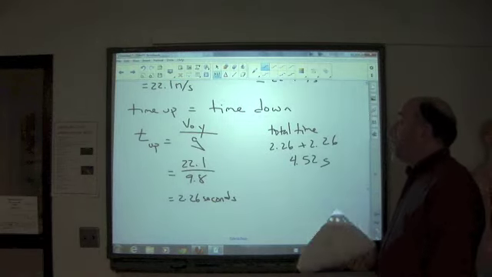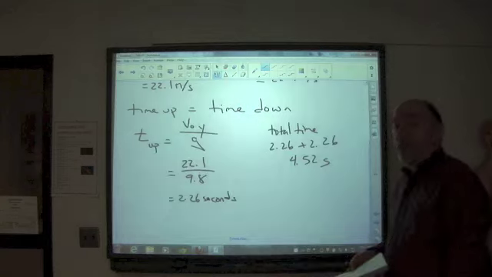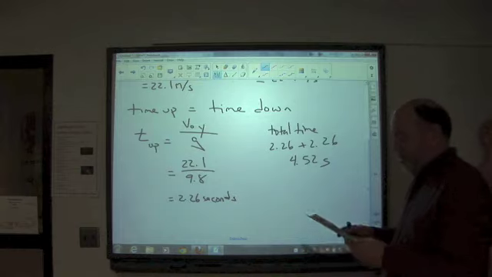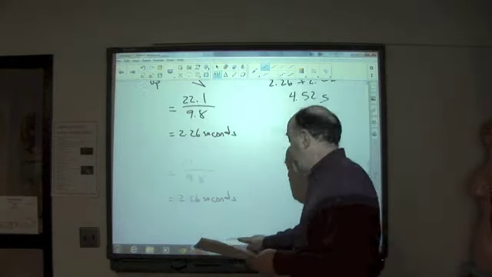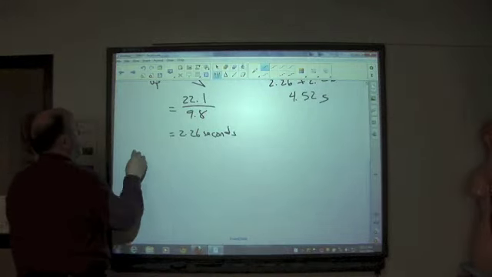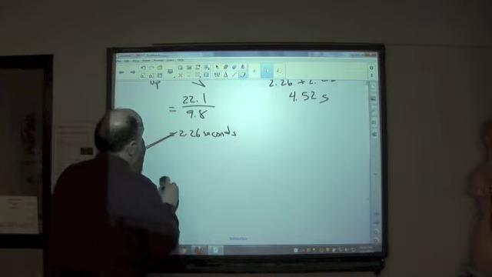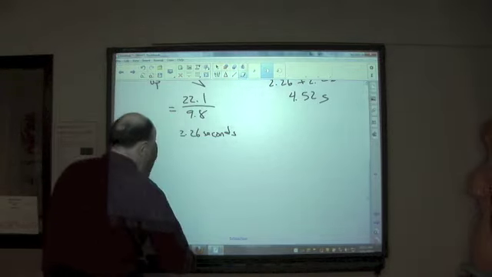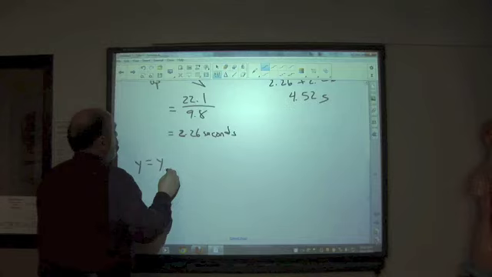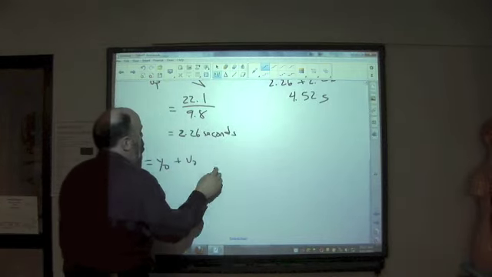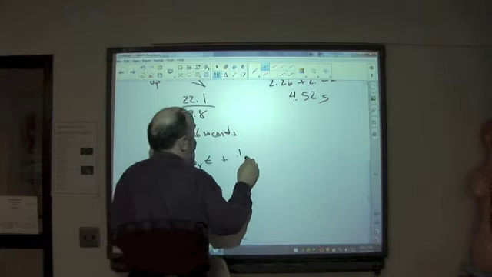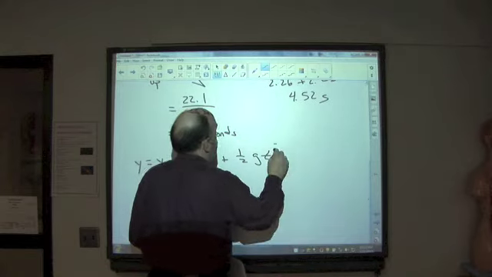Well, we can find out in terms of my projectile, now where does it hit, how far away does it hit, and how high up does it go. So, in terms of how high up does it go, we get y equals y naught plus v naught y t, minus 1/2 g t squared.